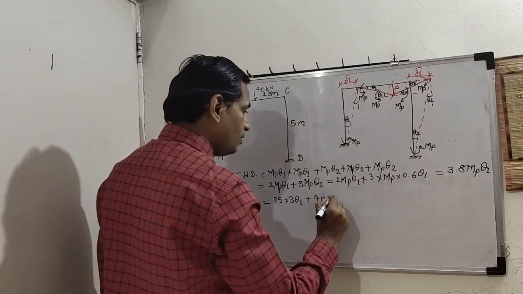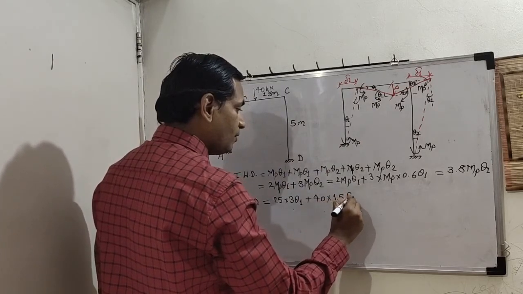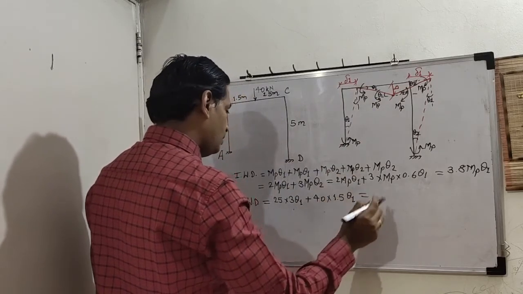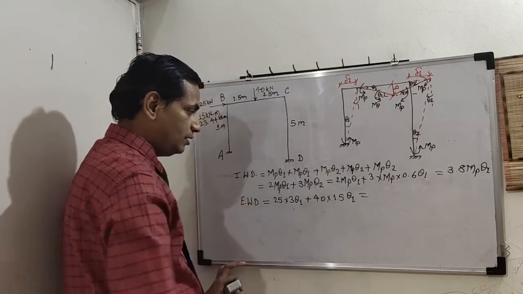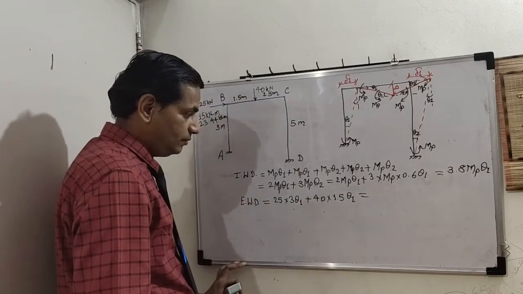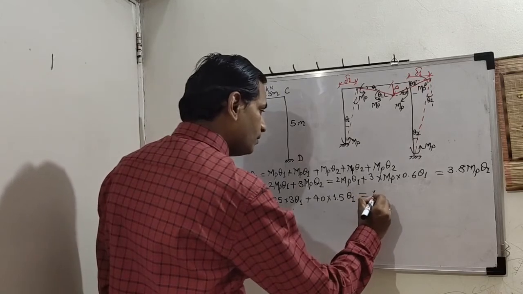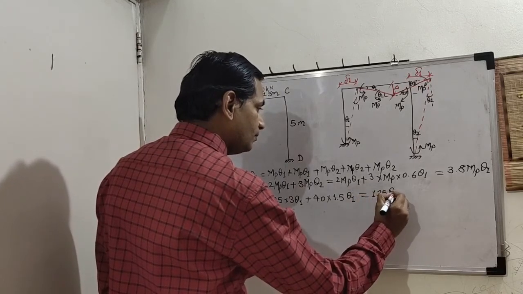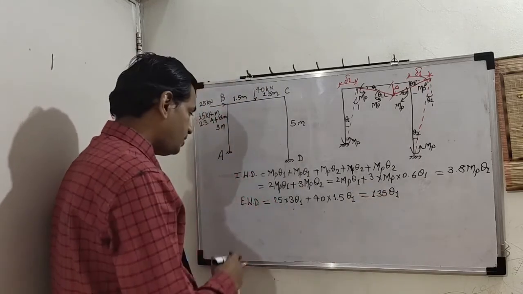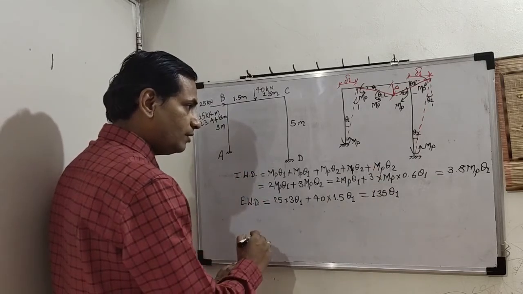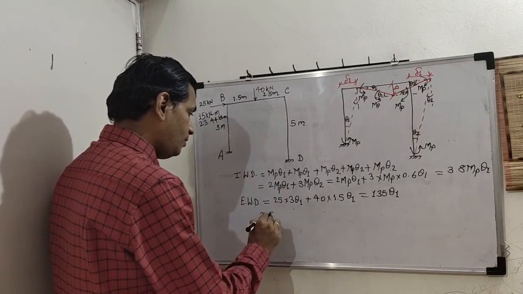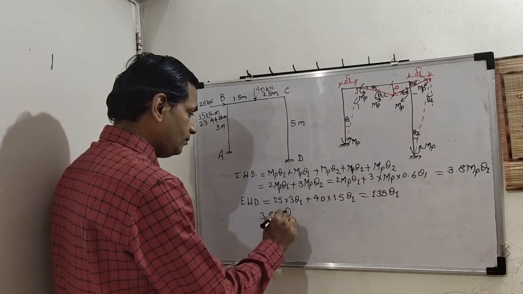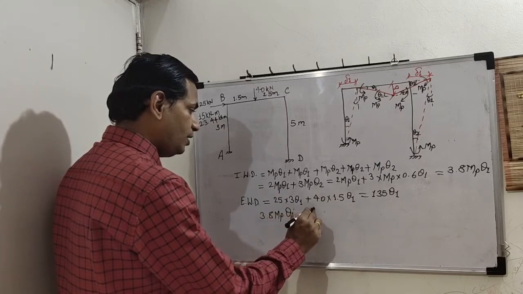So 40 into 1.5 theta 1. Total 75 plus 60, 135 theta 1. So equate external work done and internal work done. So 3.8 MP theta 1 is equal to 135 theta 1.